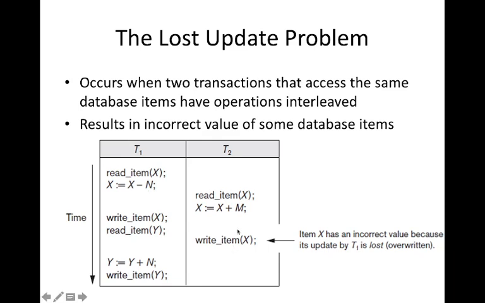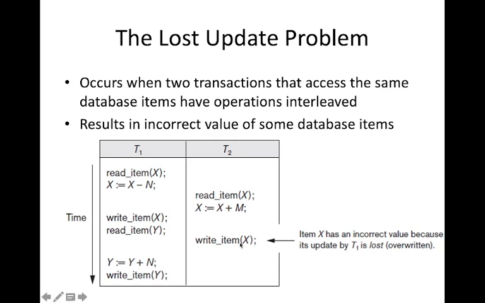We are overwriting it. X was 100 and we decremented it to 50. After that, when T2 reads, it reads 100. Then we update the value of X, and it becomes 110.